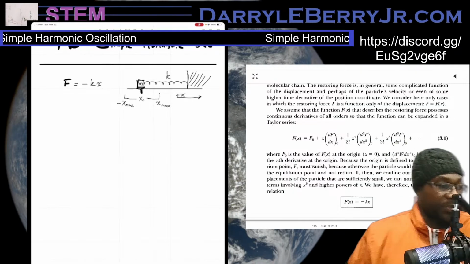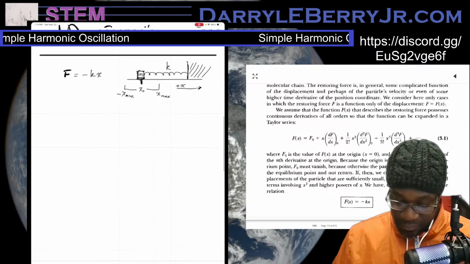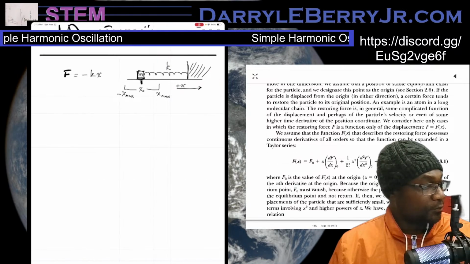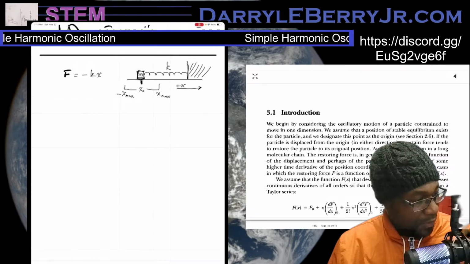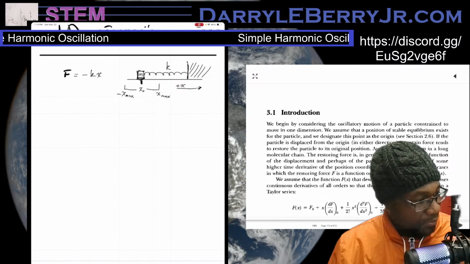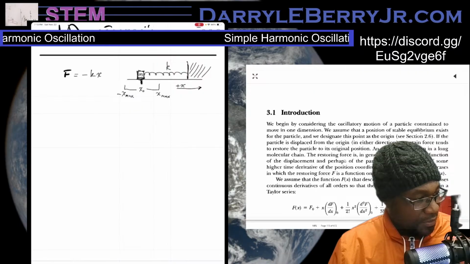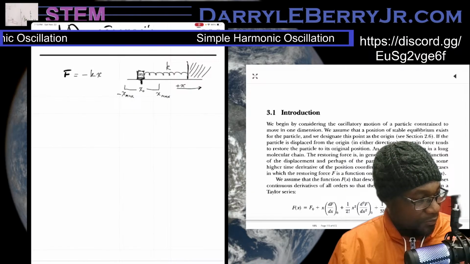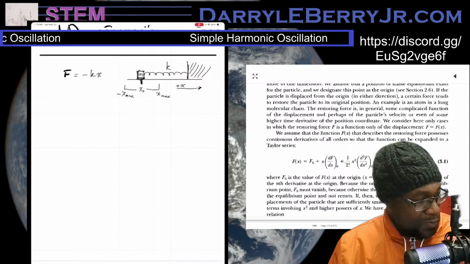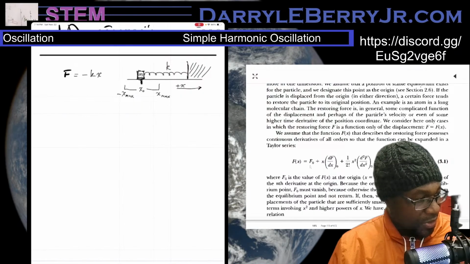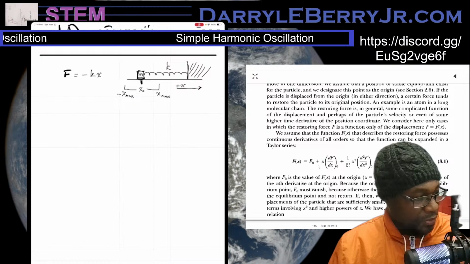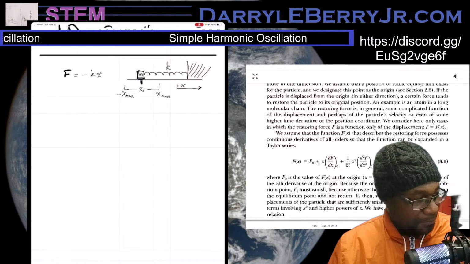Okay, so here's the image that comes up. I'm going to say too much of the foundational principles there. But I guess it's because it just says the restoring force, we're only considering a function of x. The origin is 0.